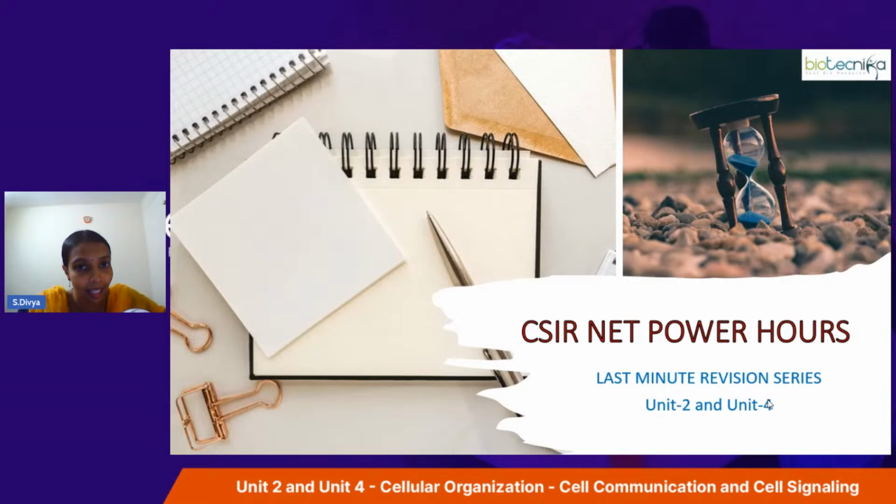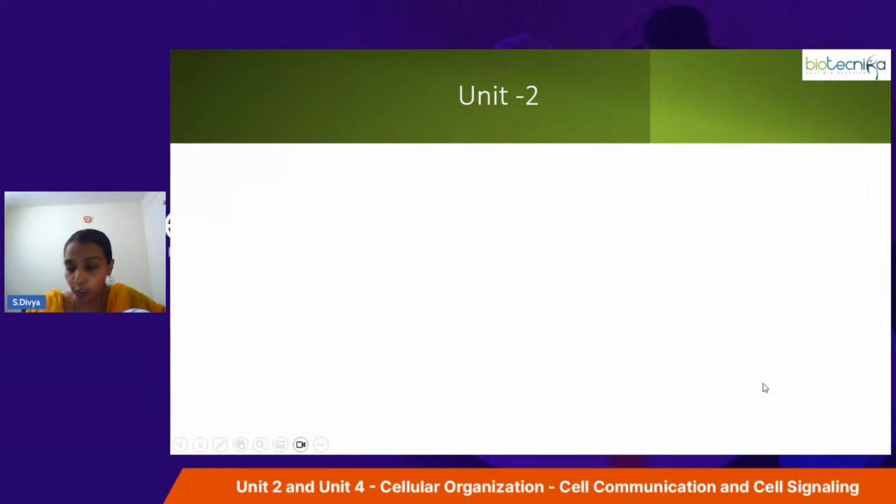At the same time, you have to have some practical knowledge with respect to Unit 13. When we enter into Unit 4, there you'll find some conceptual, analytical, even practical based questions. So overall, these two units are very important from the examination point of view. I guess you all are aware of this fact. So without wasting much time, let's get into the session. We will begin with Unit 2 first.